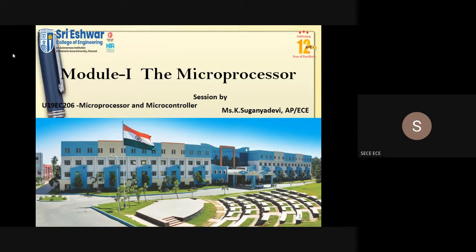Okay, the next name, Ovia. Yes, what is the difference between microprocessor and microcontroller? Microprocessor consists of CPU, memory, and input and output all integrated into one chip.